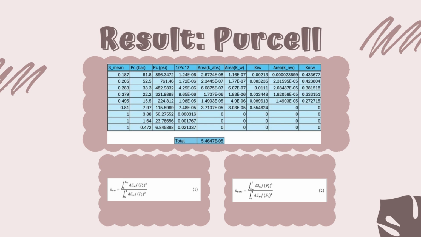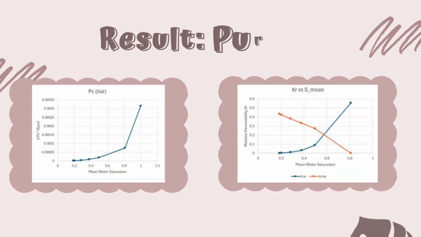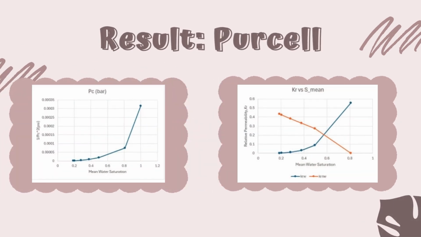So we just need to find K absolute, which is the summation for each interval using the trapezoidal formula, and find the area under the graph for the wetting phase and non-wetting phase. So we need to divide. The graph also shows imbibition because the non-wetting phase is displaced by the wetting phase.